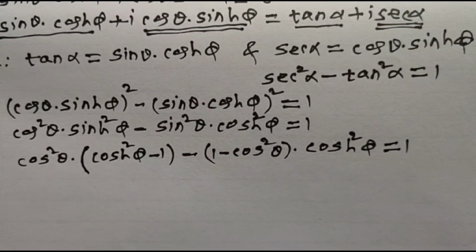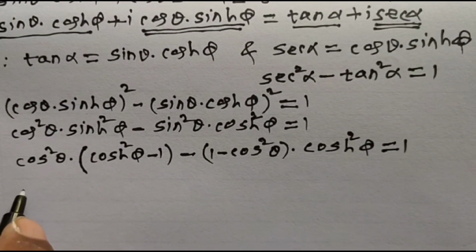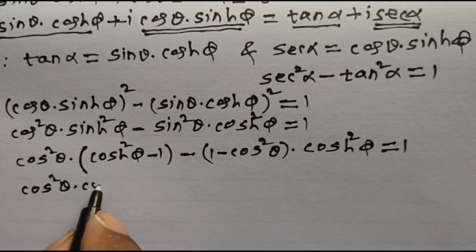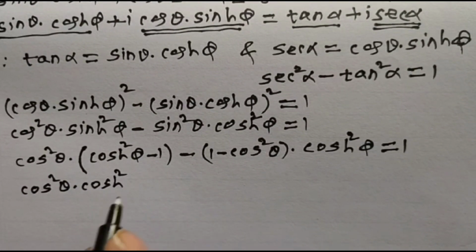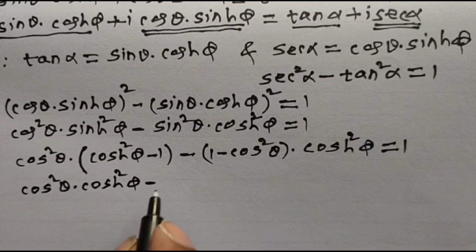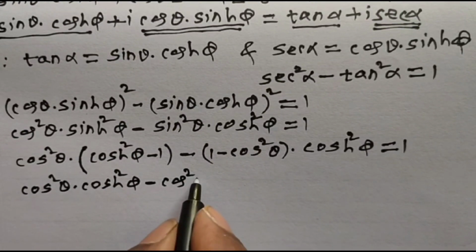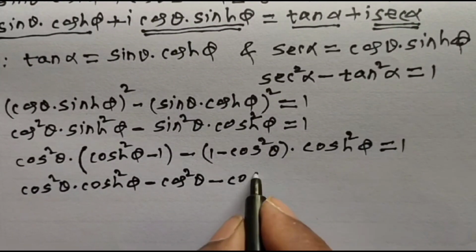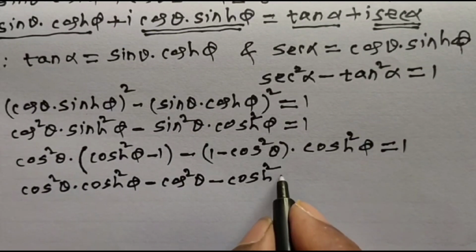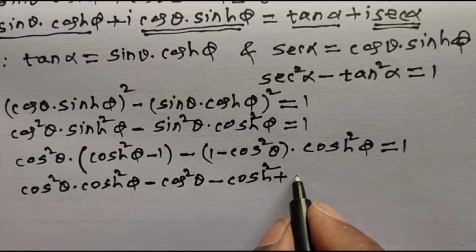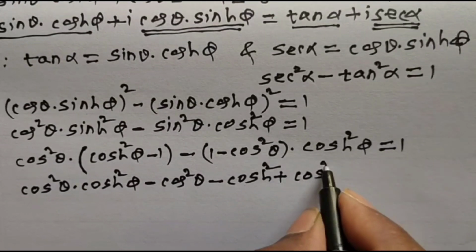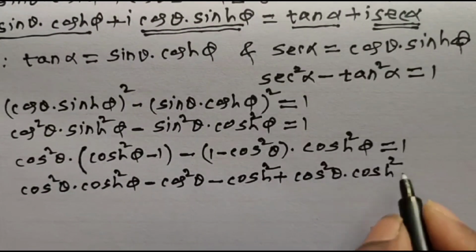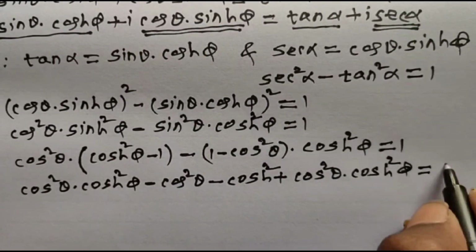Again, taking multiplication, cos²θ cosh²φ − cos²θ − cosh²φ + cos²θ cosh²φ = 1.